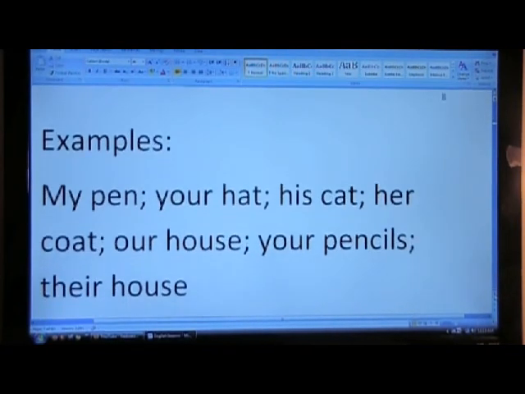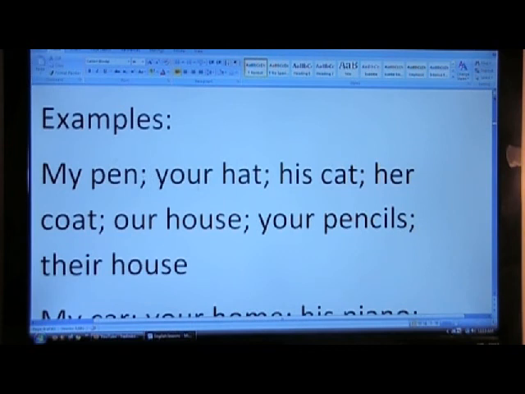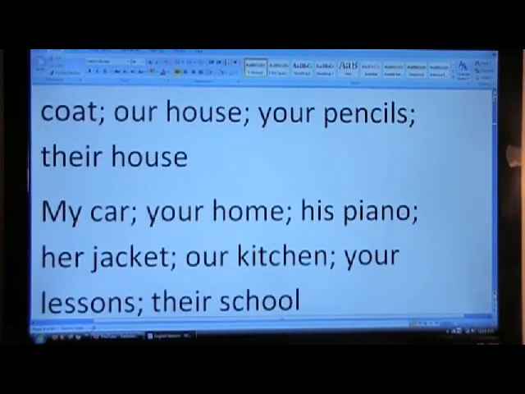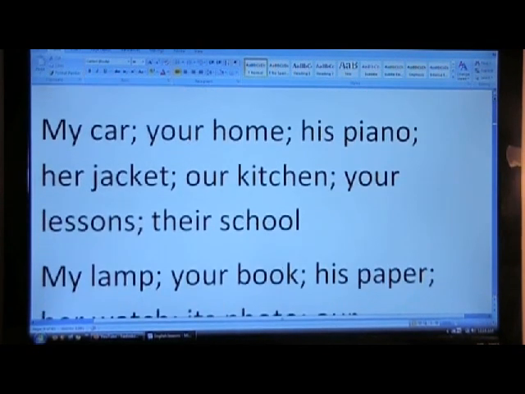For example, we can say my pen, your hat, his cat, her coat, our house, your pencils, their house. More examples: my car, your home, his piano, her jacket, our kitchen, your lessons, their school, my lamp, your book, his paper.